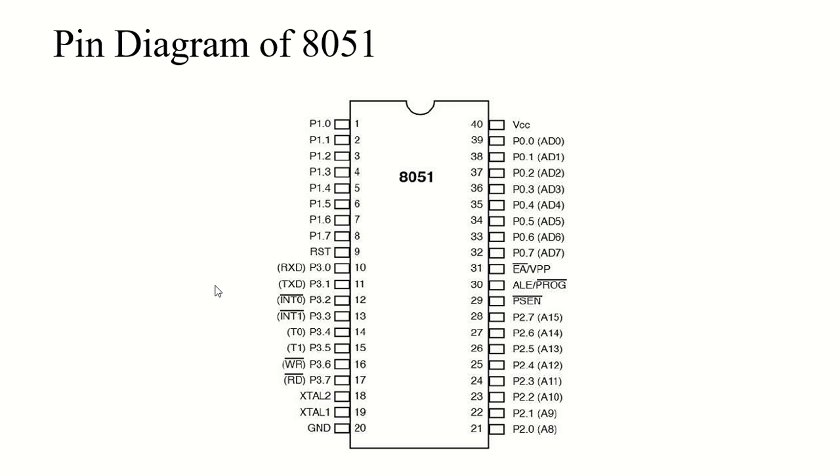But we all know the P3 port is different from P0, P1 and P2. So how is it different, and how will we be dealing with it? Port 3 occupies a total of 8 pins again. You can see pin number 10 to pin number 17 are occupied by port 3, and it can be used as an input or output port.